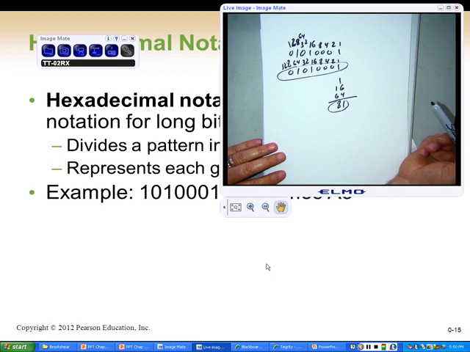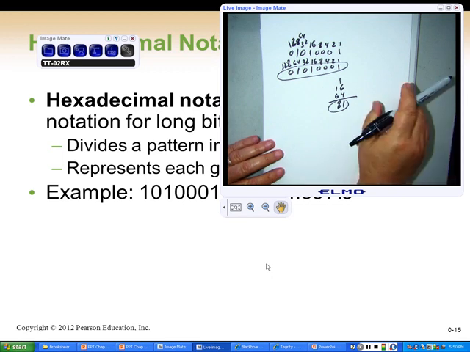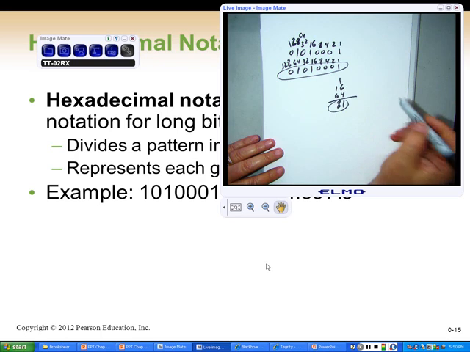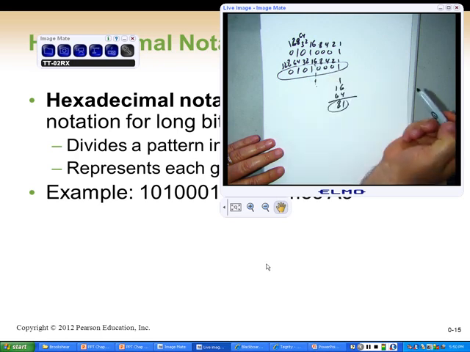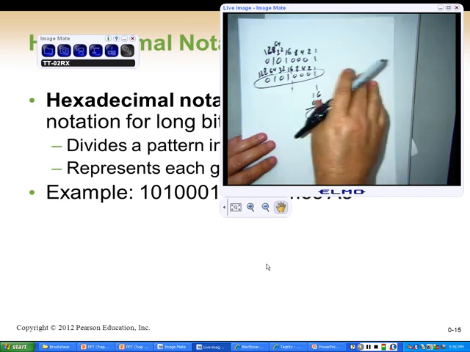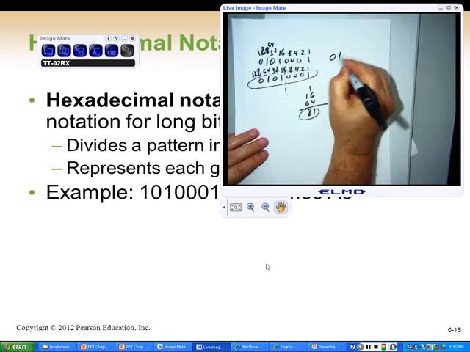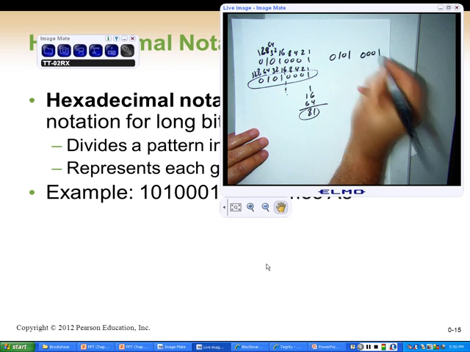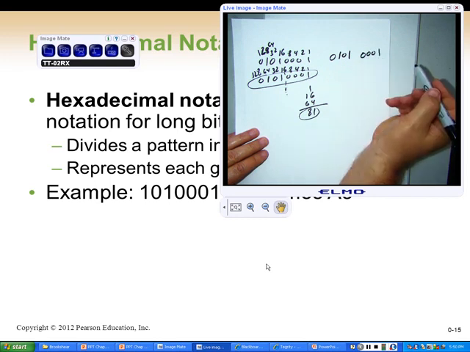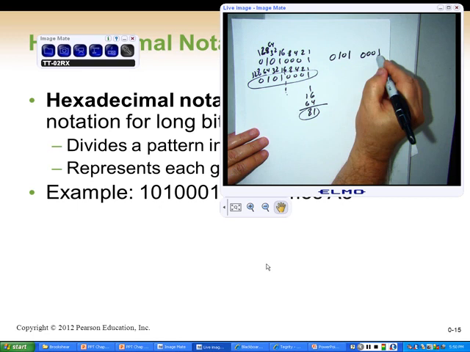And the way that I'm going to make it to hexadecimal, I'm going to break it down in half, in 4 bits. So if I break this one in 4 bits, I'm going to have 0, 1, 0, 1, and then I'm going to have 0, 0, 0, 1. Okay? So this one is going to give me 1.